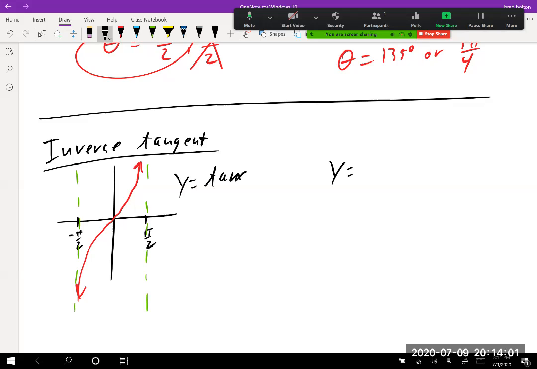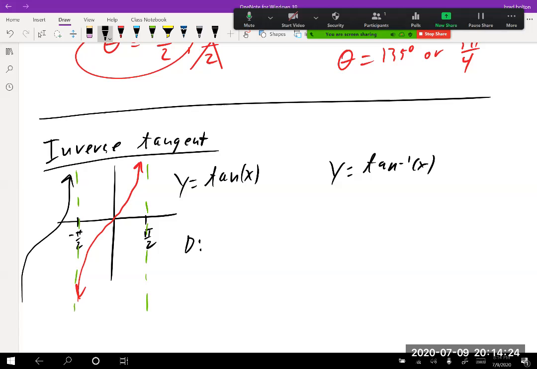So if I want to find y equals tan inverse of x, and I need to worry about my domain restrictions, okay? Now we start having a little bit of problems. So what you should always do is think about the domain of regular tangent first, in just this part. Remember, tangent also does this, right?